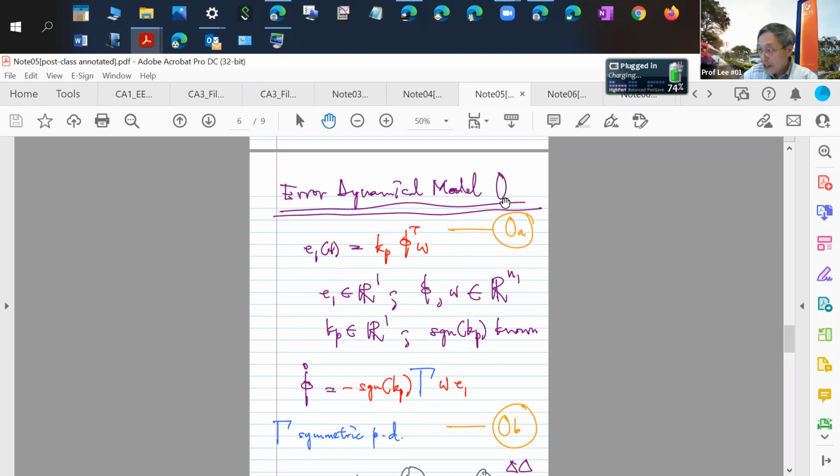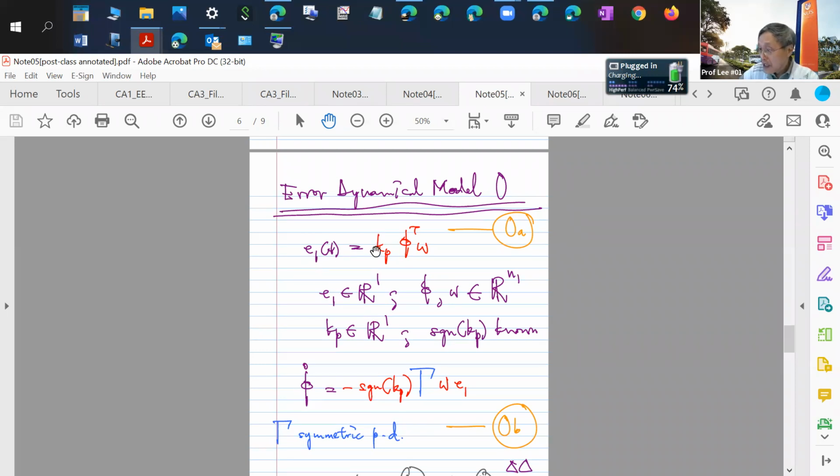E1 is an L2 signal, square integrable, and E1 dot is an L infinity signal, bounded. So as we said before, a signal which is square integrable, with its derivative bounded, is guaranteed to converge to 0. So E1 is like that.